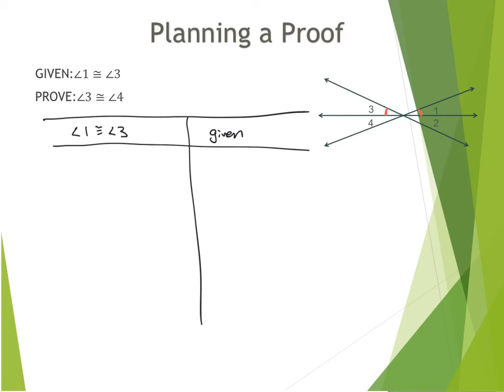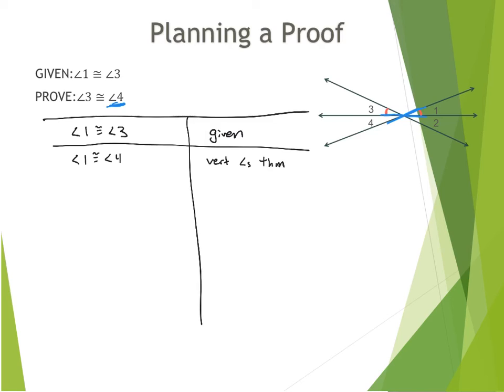Now, looking at my picture, I notice that I need to get to angle 4. And I notice that angle 1 is vertical to angle 4. And because of my vertical angles theorem, I know those two are going to be congruent. So I'm going to put that in my proof. I know that angle 1 is congruent to angle 4 because of my vertical angles theorem.